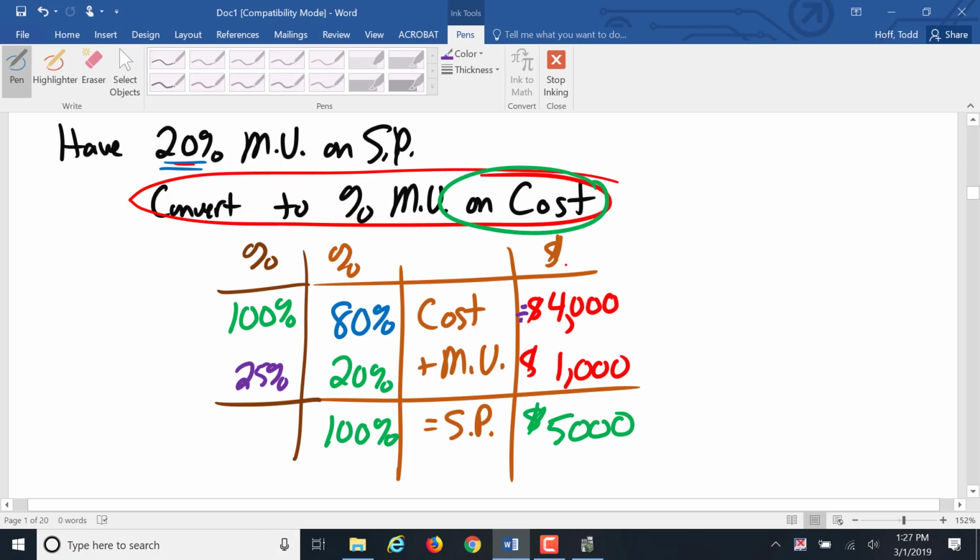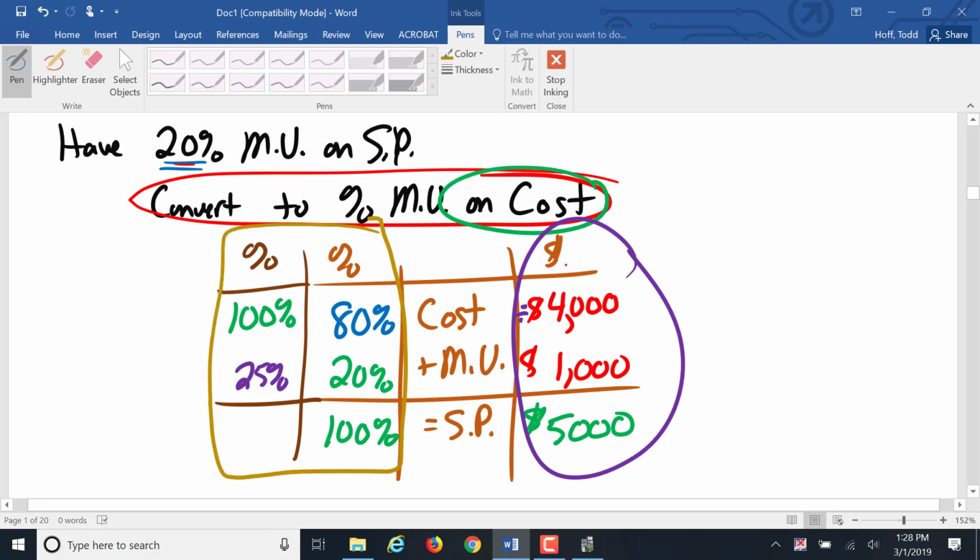Something you'll notice here is we didn't have to fill in these dollar amounts. If I just look at the percent markups here, if I had filled in these percents for the markup on selling price, I could have come back, put in this extra column with the 100% in cost, and looking for this right here, that percent markup on the cost, that's 25%.